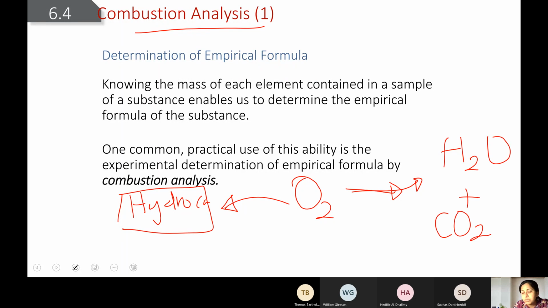All hydrocarbons will give water and carbon dioxide as products. All hydrocarbons have carbon and hydrogen. But sometimes some hydrocarbons may have oxygen, or some compounds have sulfur and nitrogen, things like those, right?